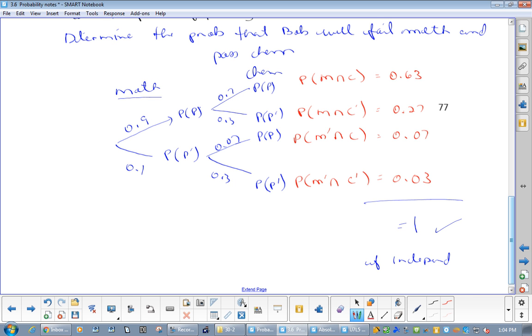Now, determine the probability that he will fail math and pass chem. What is it? 0.07, or 7%. Okay? So lay this out. And through doing these 3 questions, your quiz, we're going to spend 2 days on review, right?